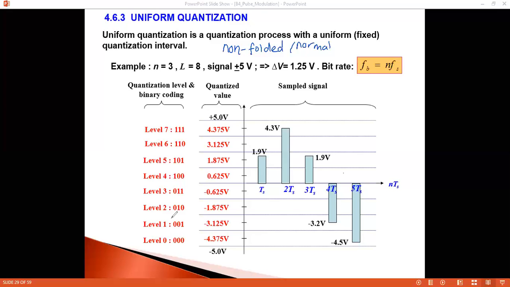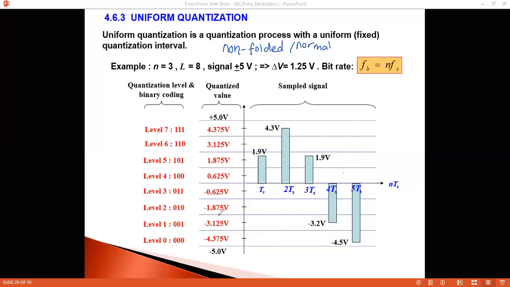So this is basically the decimal value of our binary codes. With 3 bits, the combinations that we have are from 000 up to 111. So 000 is level 0, 001 is level 1, and the last one, 111, is for level 7. So these are the levels and codes for those specific levels.